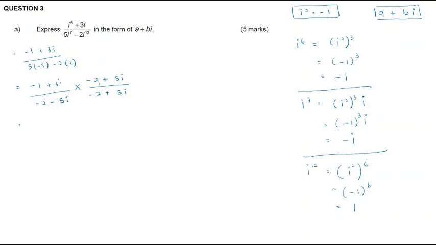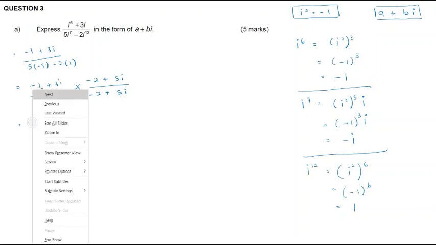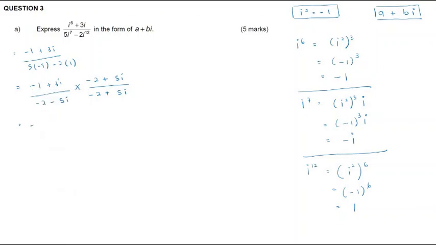Okay, to multiply, we simply expand. Negative 1 multiplied by negative 2 is 2. Negative 1 multiplied by 5i is negative 5i. 3i multiplied by negative 2 is negative 6i. And 3i multiplied by 5i is 15i squared, over: negative 2 multiplied by negative 2 is 4.